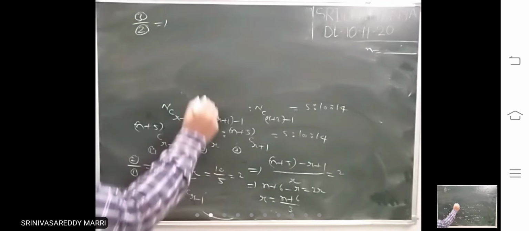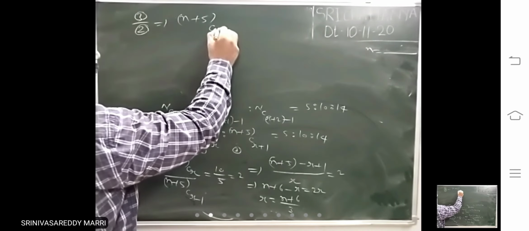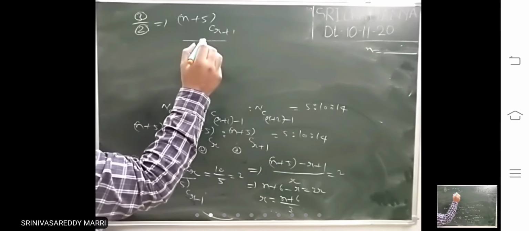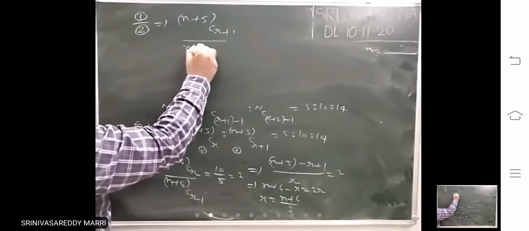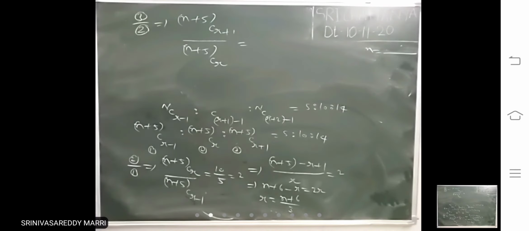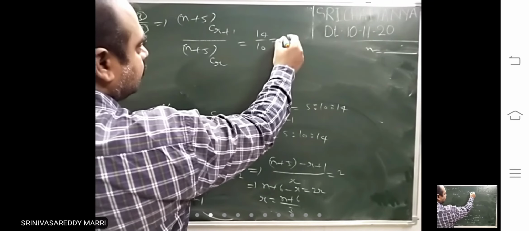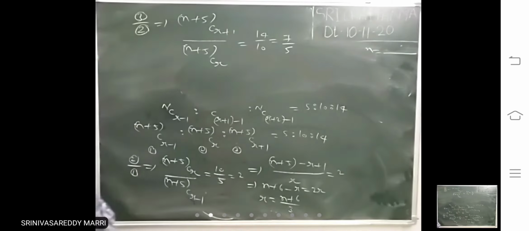3 divided by 2 implies 14 by 10, that means 7 divided by 5.